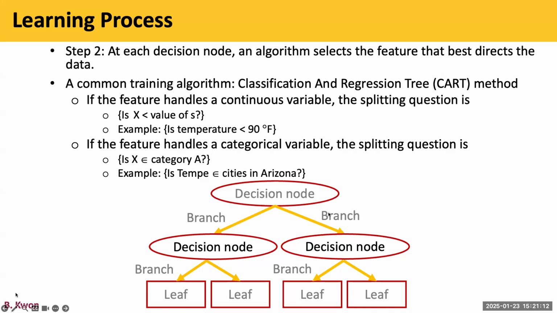Coming up with the feature and the splitting condition should be determined using this CART method. Sometimes the feature can be categorical information, and then the splitting question should be, does your feature belong to a certain category? For example, does Tempe belong to the cities in Arizona? Depending on the answer, your input will be directed to different branches.